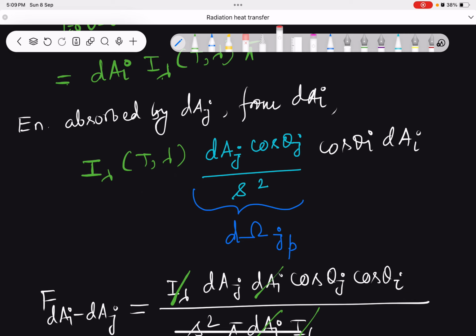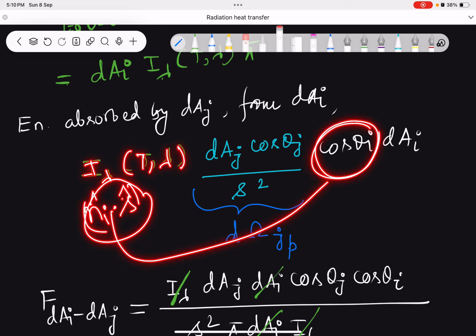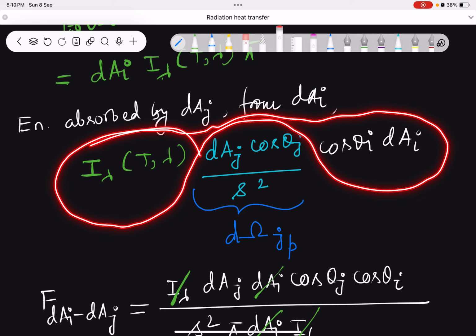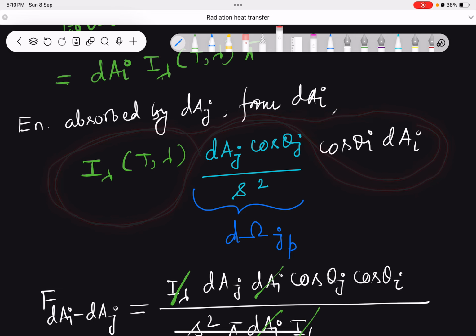If I have to find the radiation flux in my S cap direction, that will be I lambda into Ni dot S cap. This Ni dot S cap is cos theta i, and this is per unit area, so I have to multiply by dAi, although it is only a point. Then this is the radiation ray per unit solid angle, because we haven't yet taken care of the solid angle.